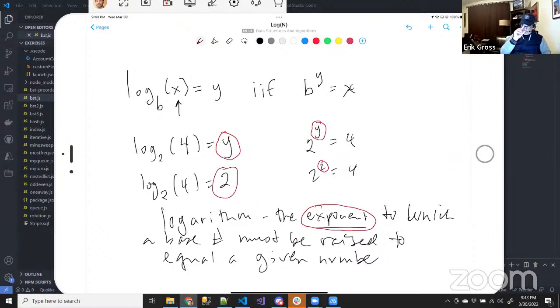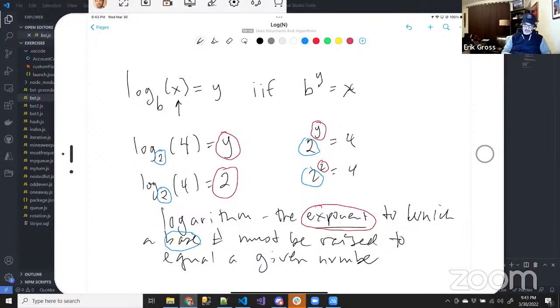There's all my exponents. Now let's look at the base, and I'm going to circle base in blue. Here's my base, it's base 2. The number system uses only 2 symbols, 0 and 1. Here's my base, here's my base. So the exponent to which a base number must be raised to equal a given number.